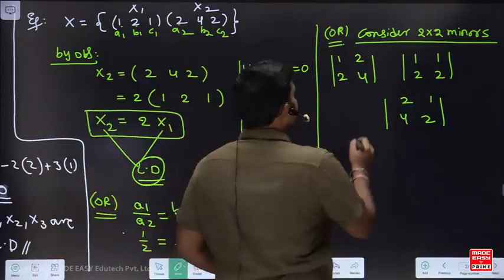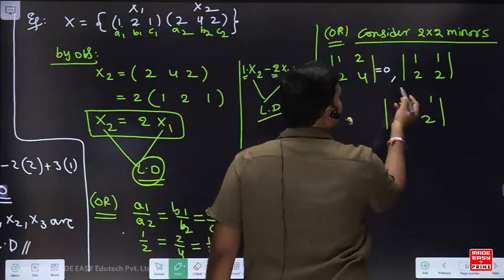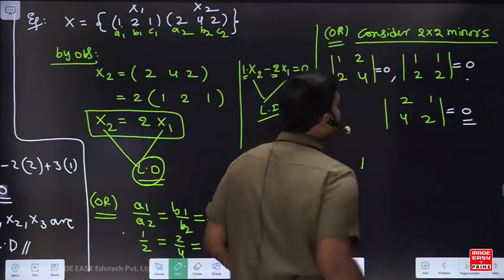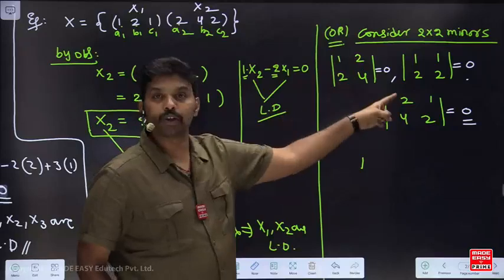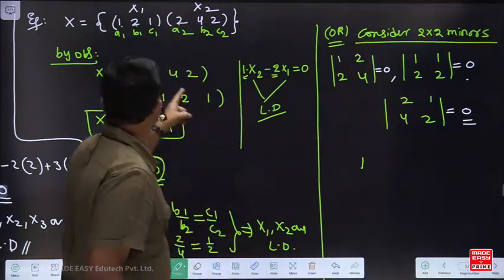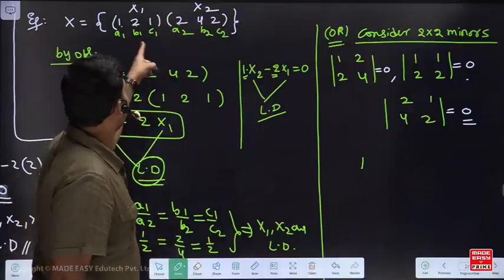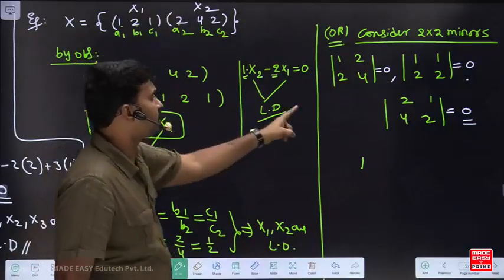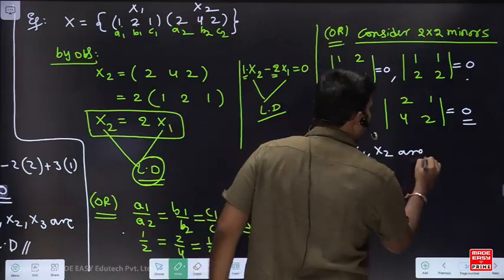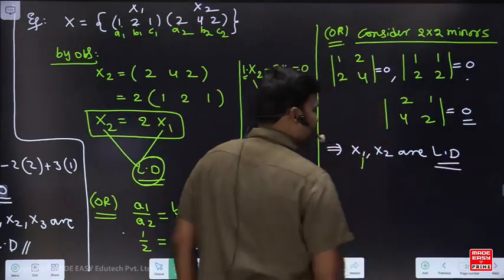Okay, now this 4 minus 4 is 0, 2 minus 2 is 0, 4 minus 4 is 0 here. Now you can see all these 2 by 2 minors are zeros here. सारे 2 by 2 minors 0 है, तो जितने 2 by 2 minors possible हैं वो सारे 0 हैं. So that implies that x1 and x2 are linearly dependent.